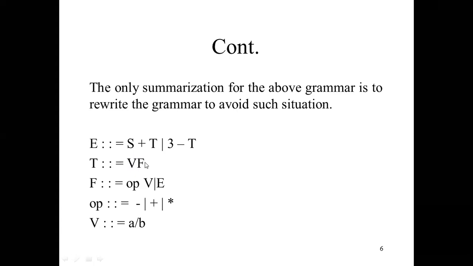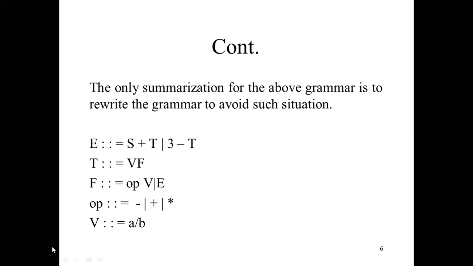Okay, what is F? F is, you can see here, OPV or E. So we have two choices again for F. What is F? F is OPV. So what is OP? OP is operator. Okay, OP is operator, and we can choose minus or plus or star. So in case of operator OP, we have three choices, and we can choose either negative sign or positive sign or star sign.